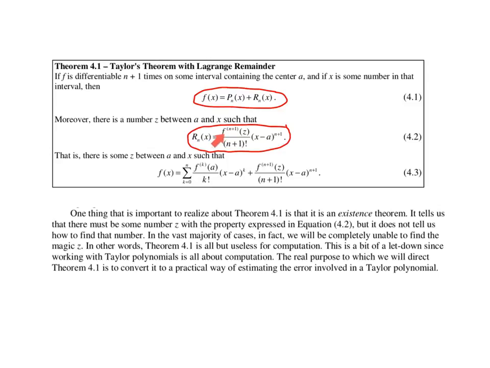So that would be the fourth derivative if it's a third degree polynomial, evaluated at some number z, over n plus 1 factorial, times x minus a, where a is the center. If it's a Maclaurin polynomial, this would be 0, raised to the n plus 1 power. So think about it in terms of your Taylor polynomial: this is going to be the value of the next term after your Taylor polynomial.